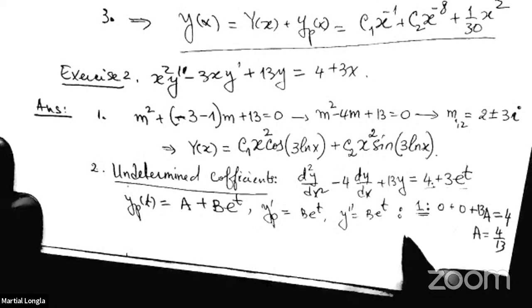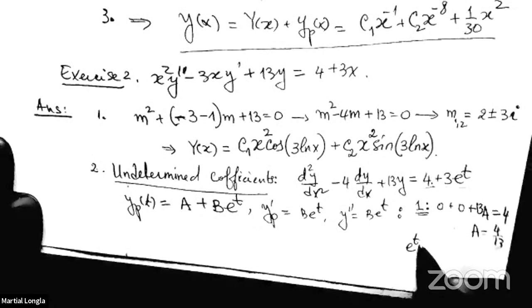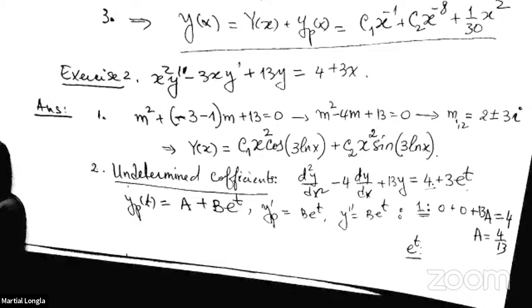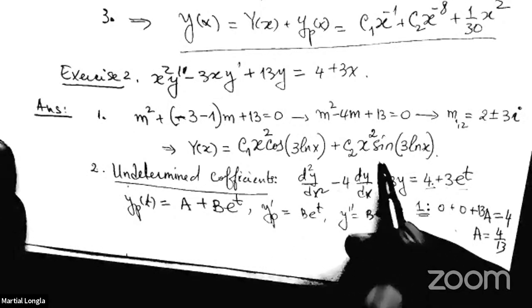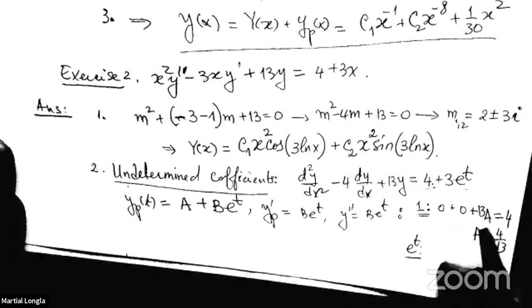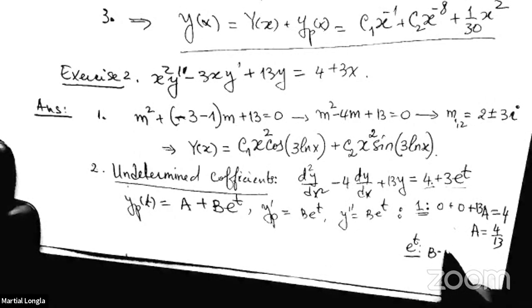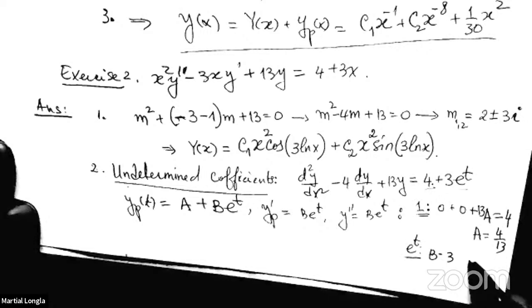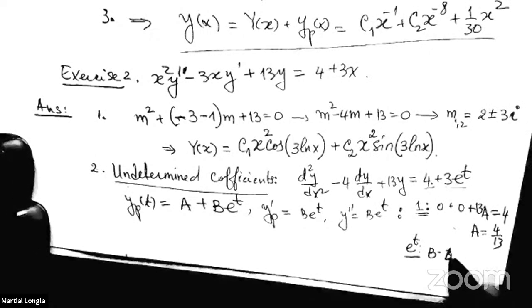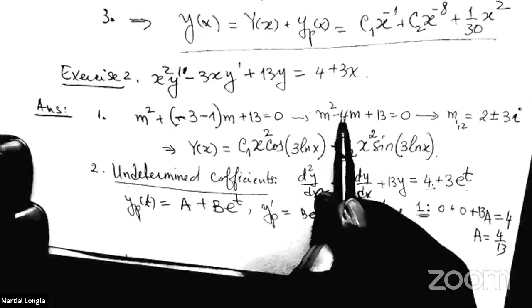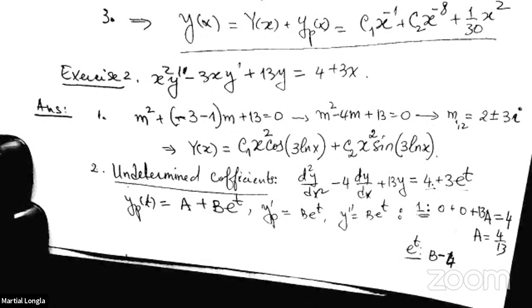Then you go for tracking the coefficients of e to the t. In the second derivative, e to the t is b. Minus 4, sorry, minus 4b, which is here.